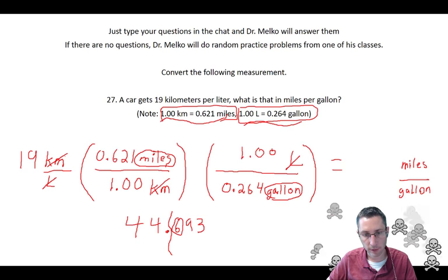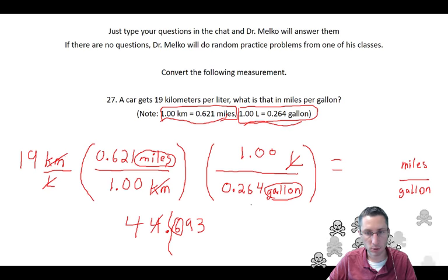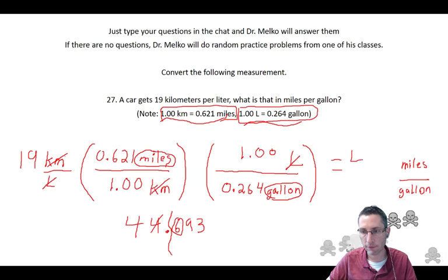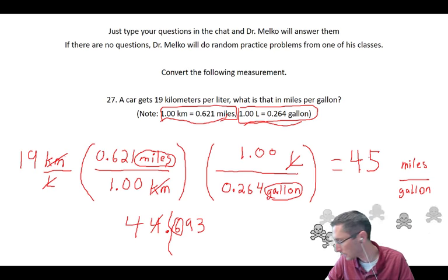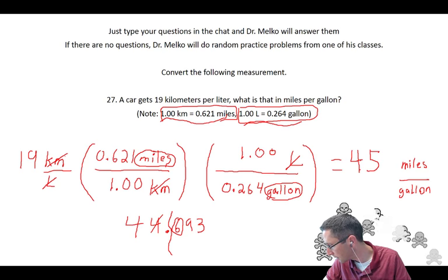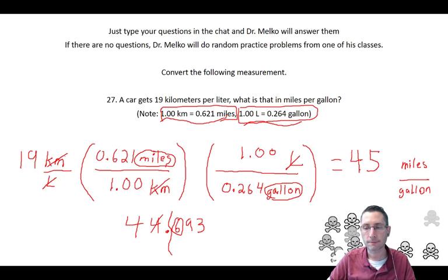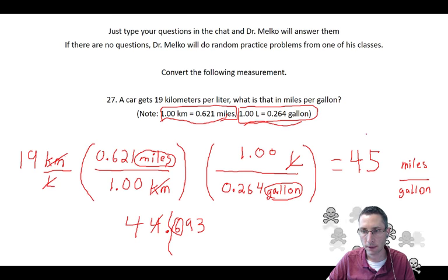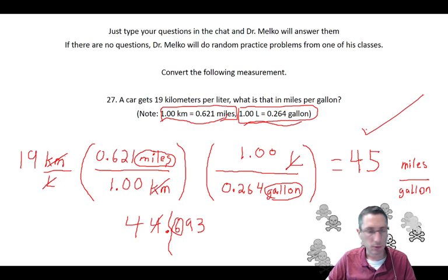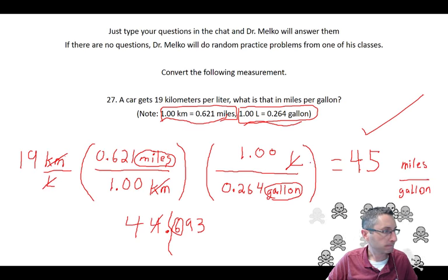It's a 5 or above, so I have to round this 4 up to a 5. My final answer should be 45 miles per gallon, which is quite good. That's why the book specifies this was a Honda Accord hybrid, which gets better miles per gallon. So the story checks out. We get 45 miles per gallon.